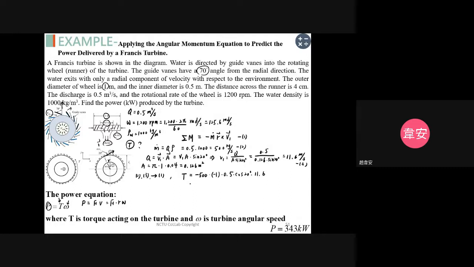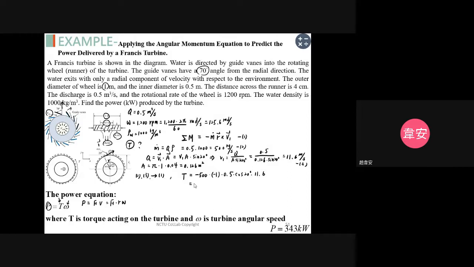Okay, so we can compute the moment as 500 multiplied by the minus and the minus, so it's positive. We directly multiply 0.5, then multiply cosine 20 degrees, and the velocity is 11.6.